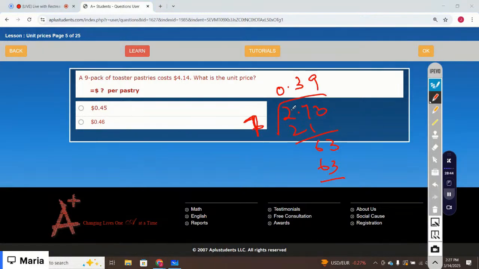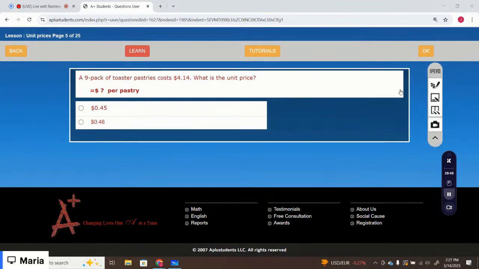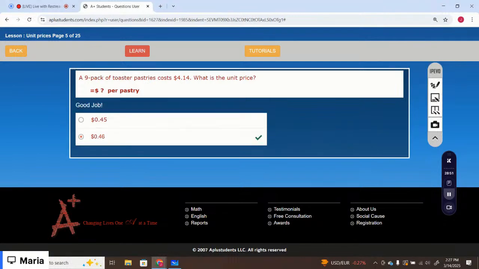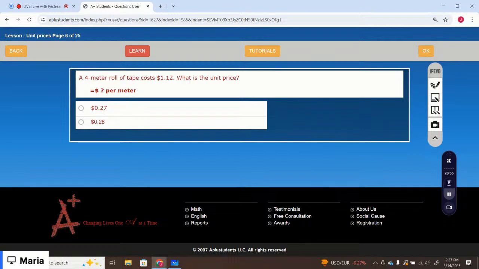Option number 2 is the correct option. That is 0.46. A 4 meter roll of tape costs $1.12. What is the unit price? Option number 2 is the correct option. That is 0.28.